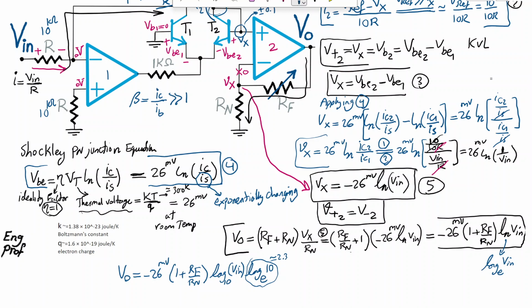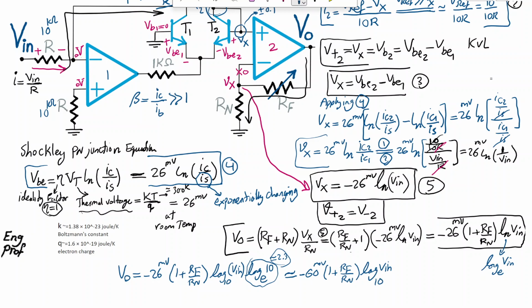And 2.3 multiplying negative 26 gives us roughly negative 60. So we get negative 60 millivolt times 1 plus Rf over Rn times log Vn base 10.